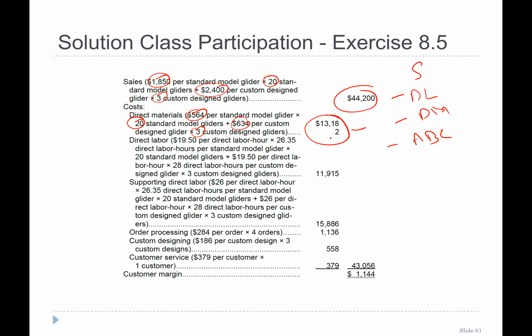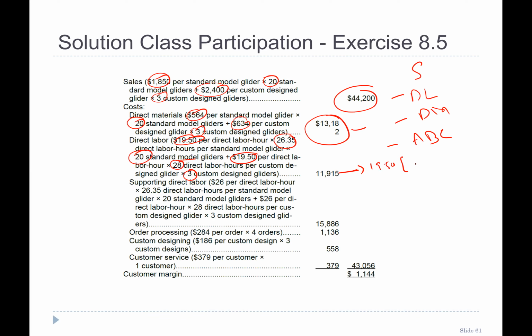So total direct labor: 26.35 hours are required to complete one standard model. So there are 20 models. So 26.35 multiplied by 20 and multiplied by 19.5 is for the standard model. And for the custom model, 28 hours are required. 3 we sold, 28 multiplied by 3 multiplied by 19.5, or I can just write it down here like so, 19.50.